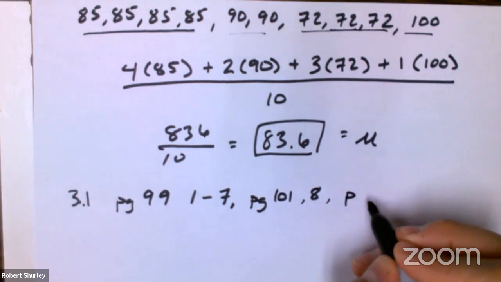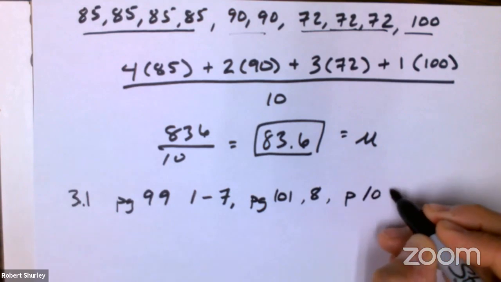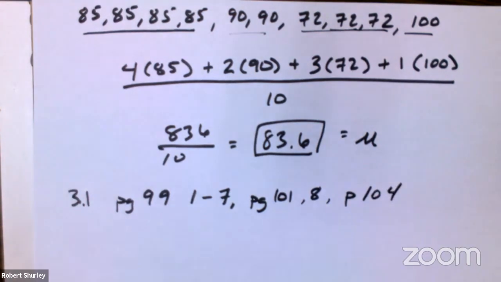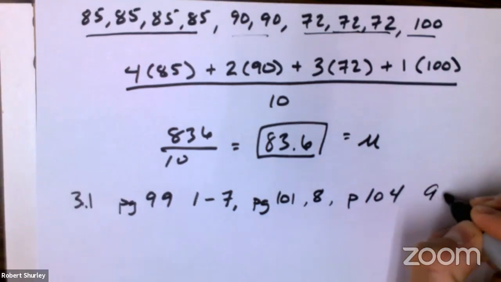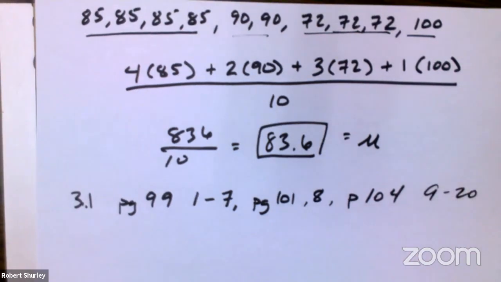And then page 104 starts the actual homework in the back of the section. I'm not worried about 25 through 28. Let's do 9 through 20. Graphs, that's not that big of a deal.